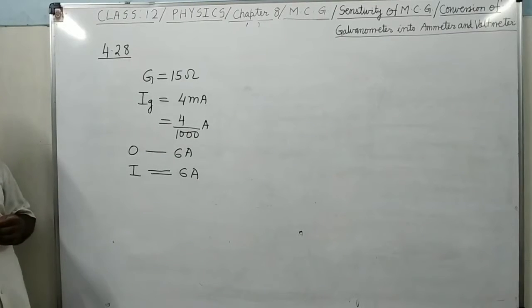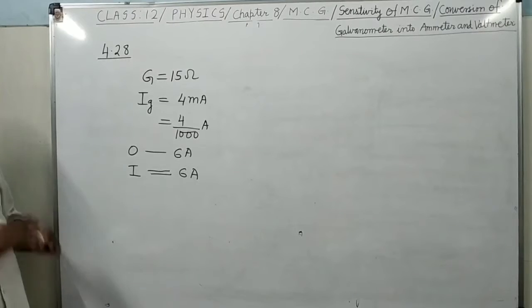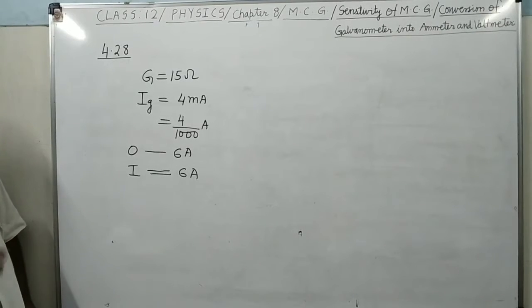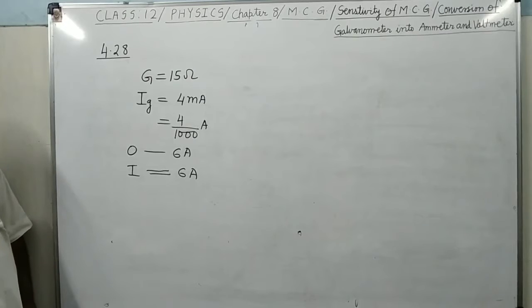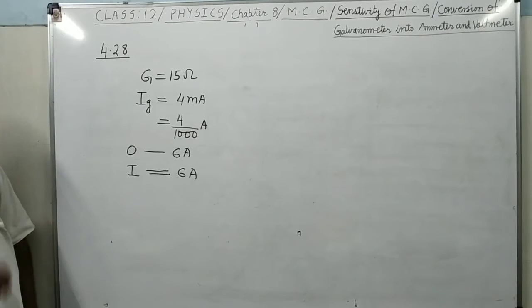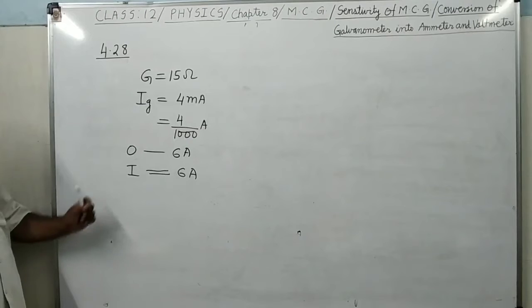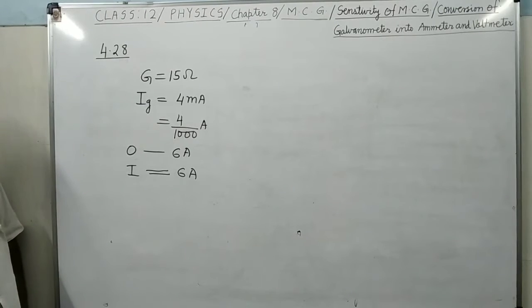Now see here. You already know how to convert a galvanometer into an ammeter, but we will write that here. A galvanometer can be converted into an ammeter by connecting a shunt of this value in parallel with the galvanometer. So first we will find out that value of shunt.